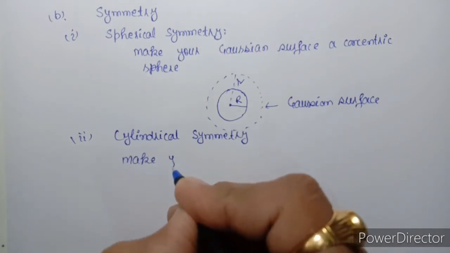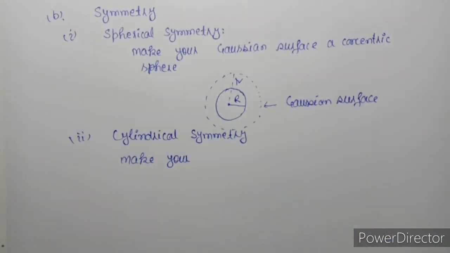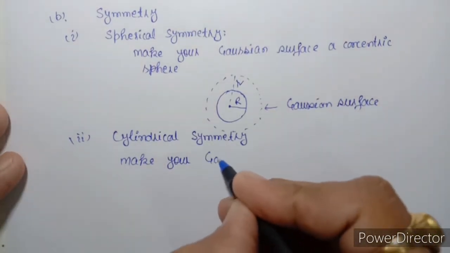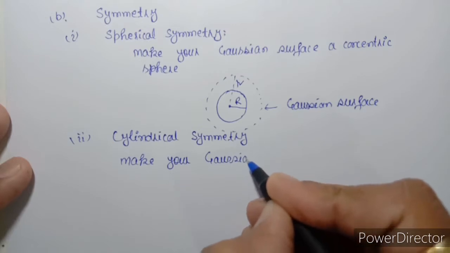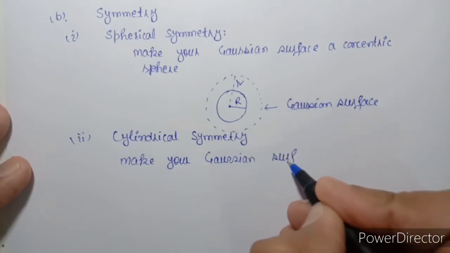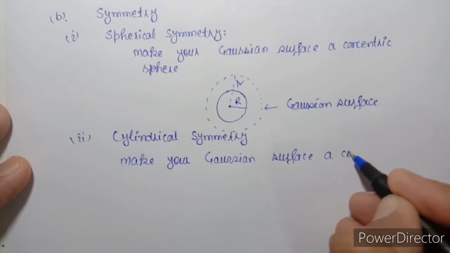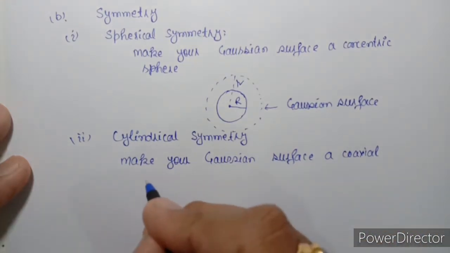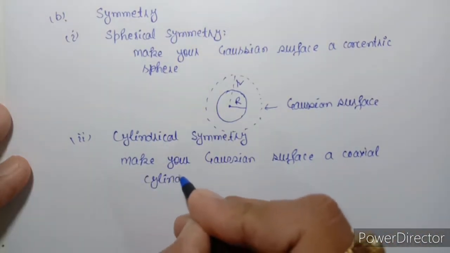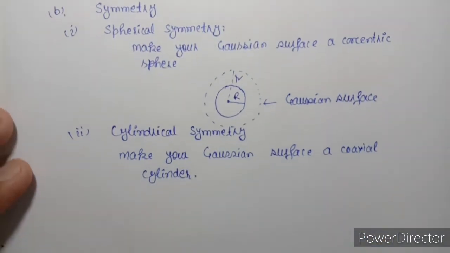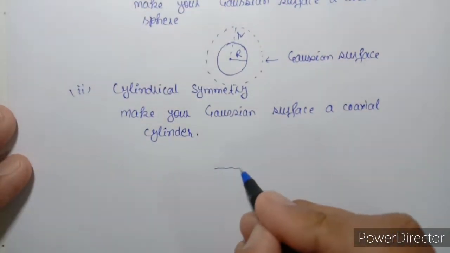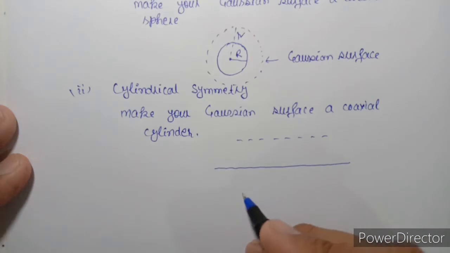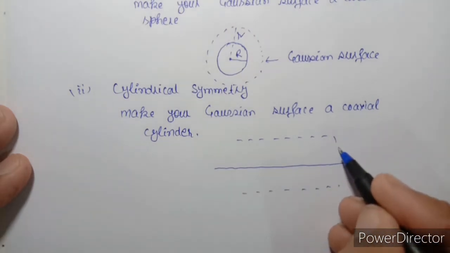That is, here this is a Gaussian surface.